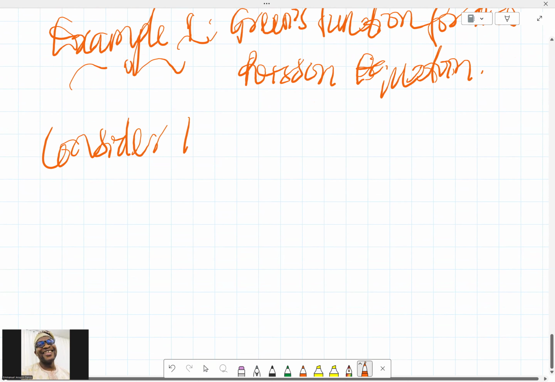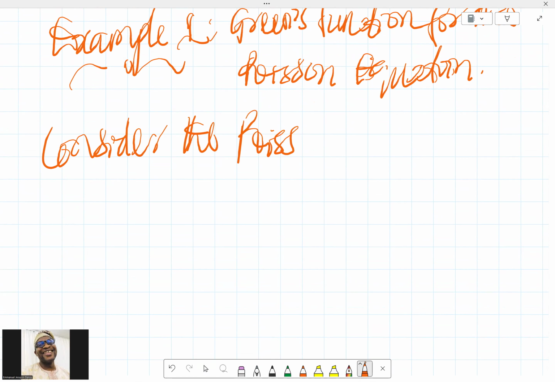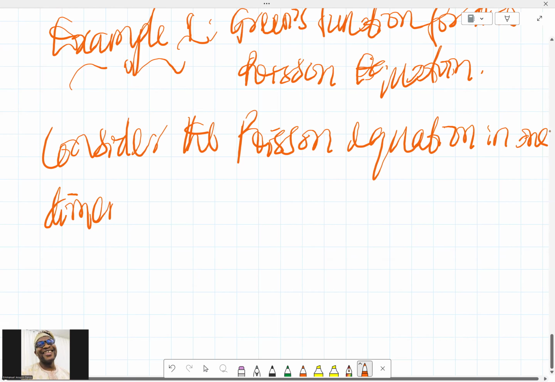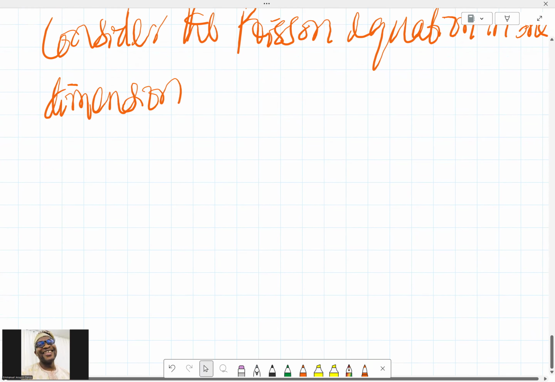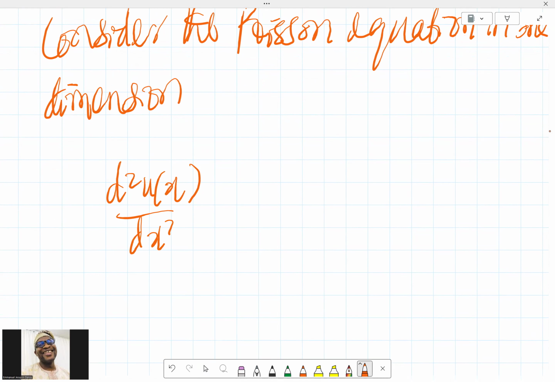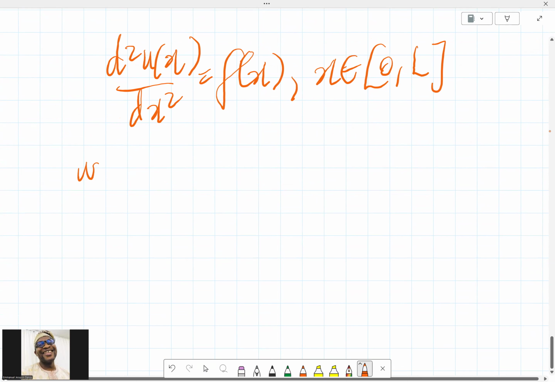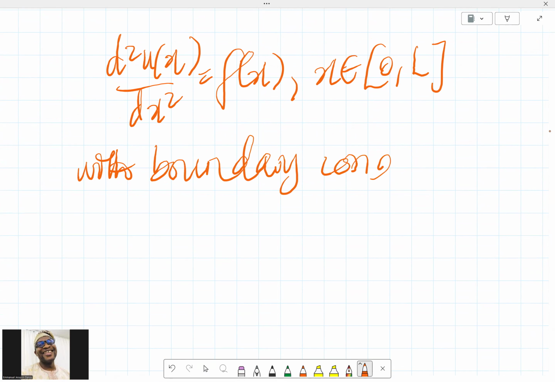Consider the Poisson equation in one dimension, which is d²u/dx² = f(x) for x belonging to (0, L), with boundary conditions u(0) = u(L) = 0.